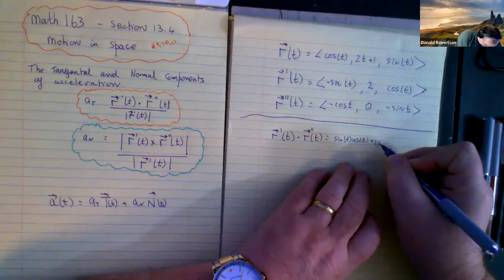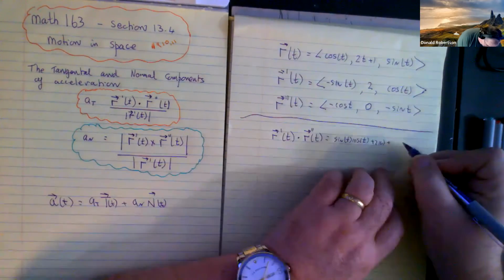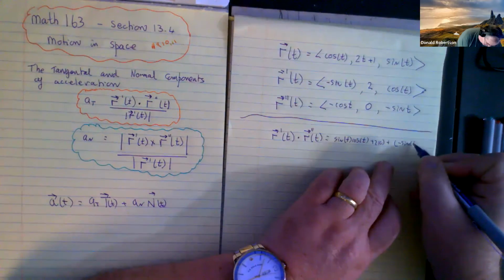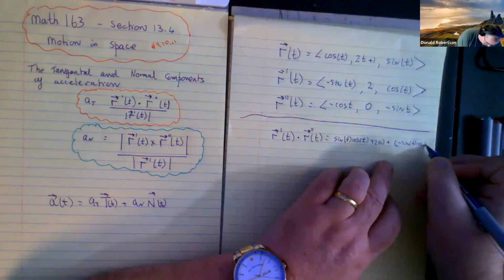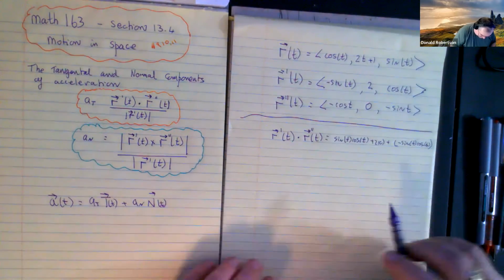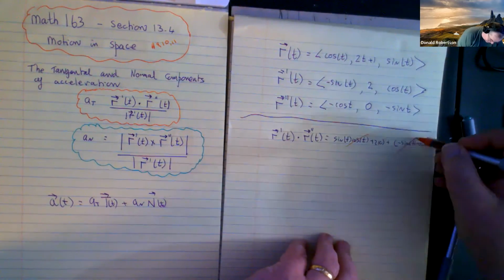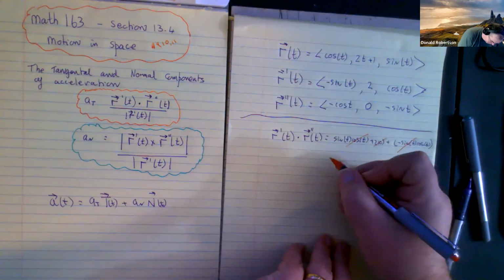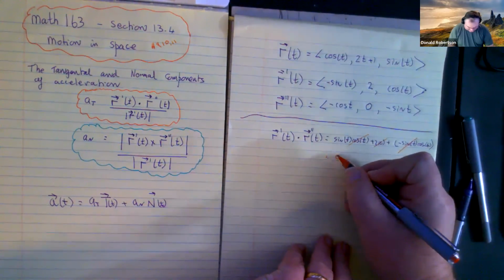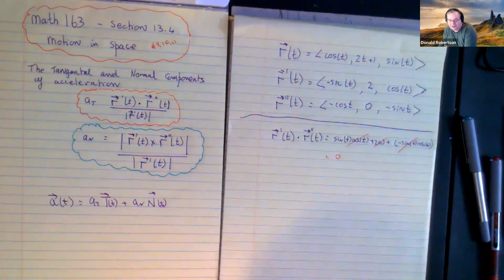And that times that gets me essentially negative sine t cosine t. And I believe that one gets killed off by that one, and that one is 0. So guess what? That's a fluke, but it's a nice fluke, isn't it? That the answer is 0.